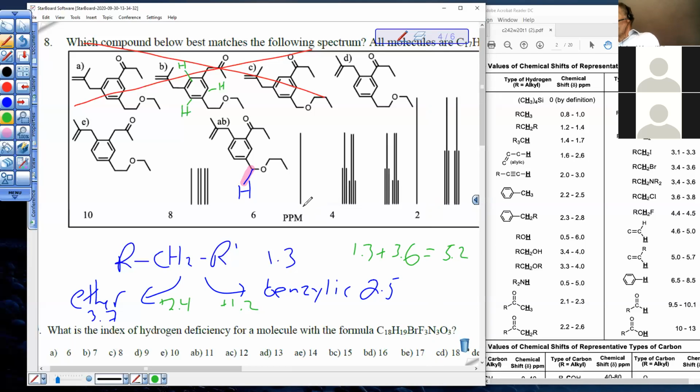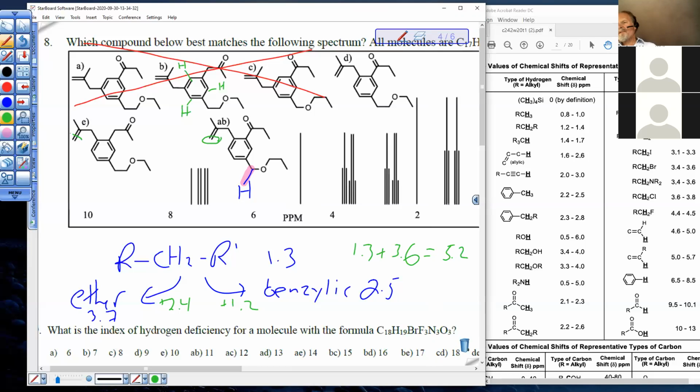5.2. But then I'm also looking at 5.2 for an alkene. Yeah, 5.2. But a terminal alkene's at 5.0. That's a little under 5, isn't it? So this could be this, but then you wouldn't have an alkene, would you? These have to be somewhere.